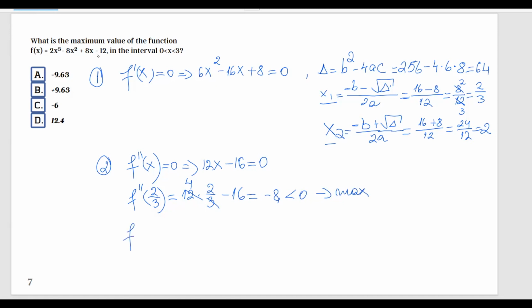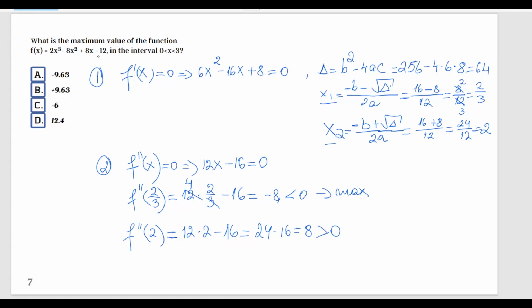And let's try the next solution, x equals 2. 12 multiplied by 2 minus 16. This is 24 minus 16 equals 8. And this is greater than 0.